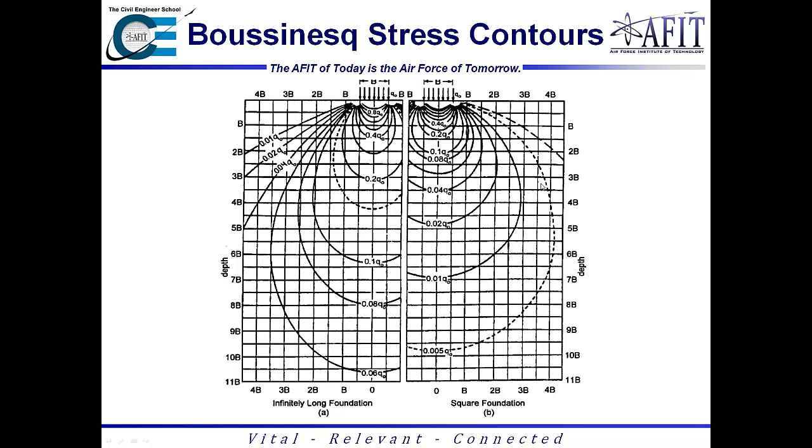So just keep that in mind. That's kind of why the approximate methods are, as they're named, very approximate. They'll kind of give you an in the ballpark range, but when you use the stress contours, you're going to get a little bit better answer. So if you are going to have to calculate the vertical stress due to a load on a soil, then I would probably use the stress contours if you can.